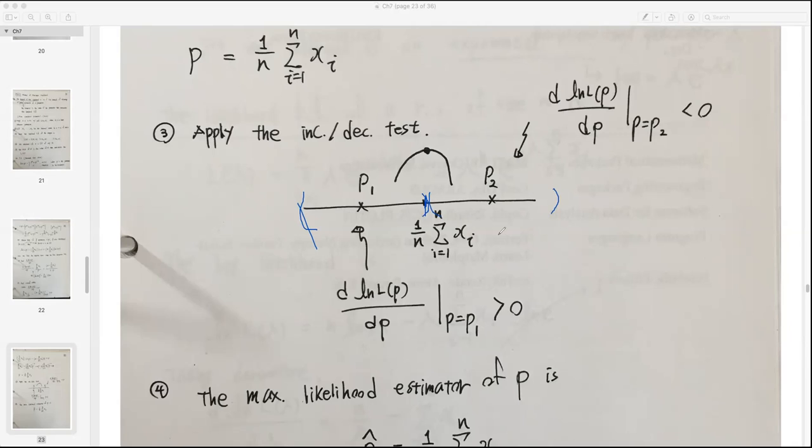Then we evaluate the derivative of the natural log of L(p) at those two test points to check the sign of the derivative.